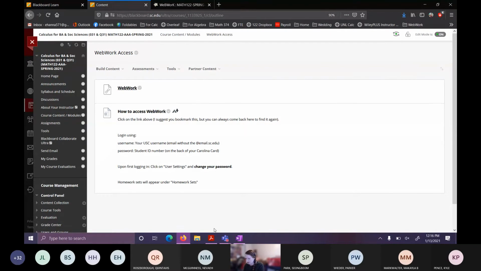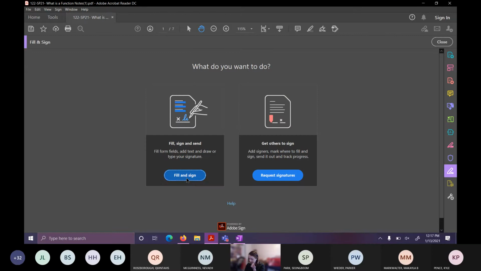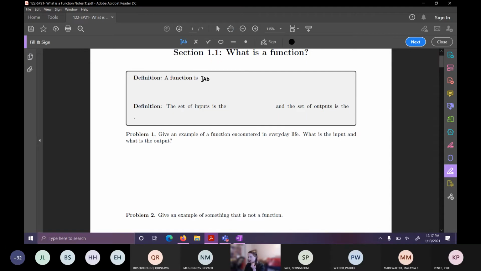One other thing I want to say really quick about the notes that I learned in my other class. It might not be as helpful in 122 as it is with my other class. But if you open the notes in Adobe Acrobat Reader, and you go over here and hit fill in sign, and then hit fill in sign again, you can just plop around and type things in.